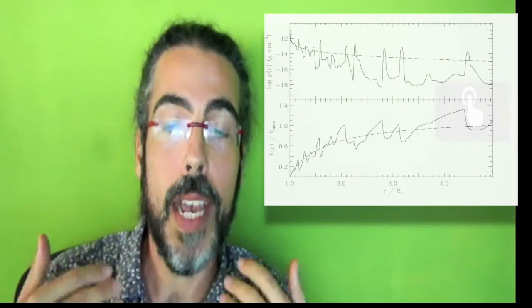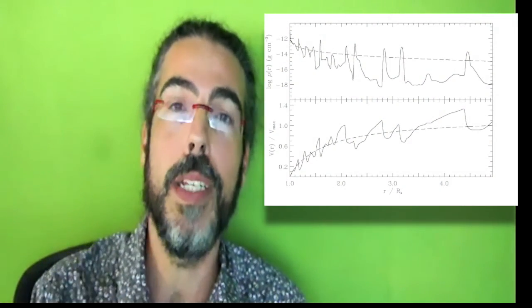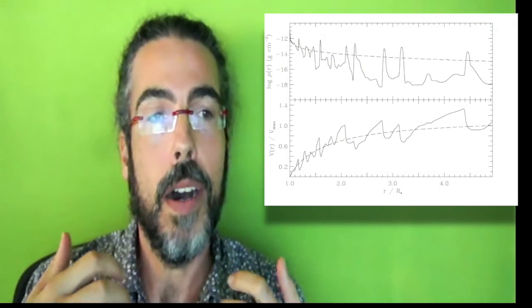But that's what you observe. What does it really mean? Such an observation is in contradiction with the expectations. The expectations are that the type of mechanism that drives the wind in Wolf-Rayet stars is already turbulent by itself, so it doesn't need an external or a different mechanism to make things boil, because the wind is already turbulent.